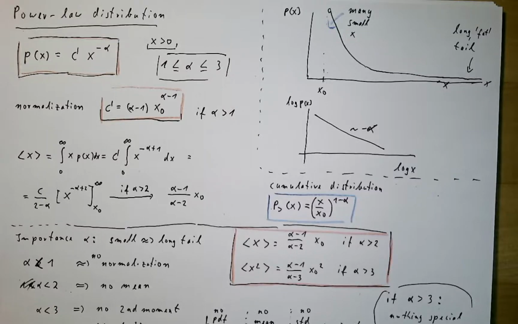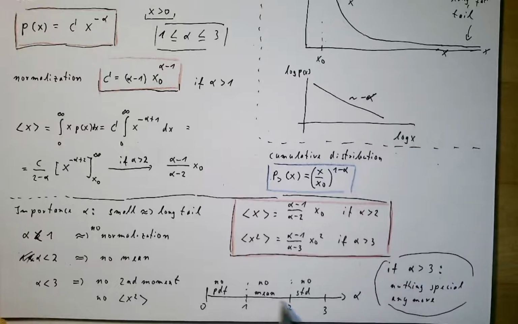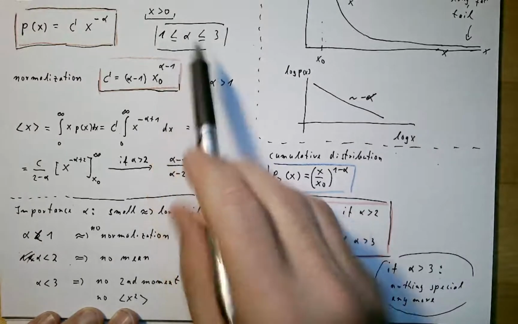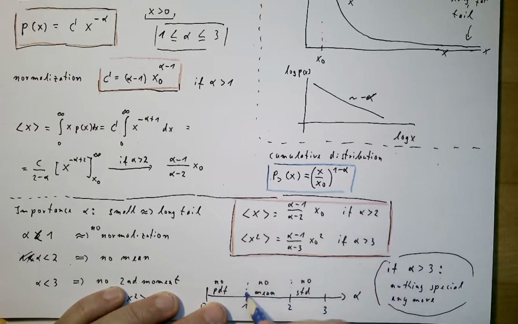With increasing alpha, the distribution gets more and more mild, and so we have this range between 1 and 3, and that's the valid range. Maybe I should make this here in blue. So that's the interesting range here.